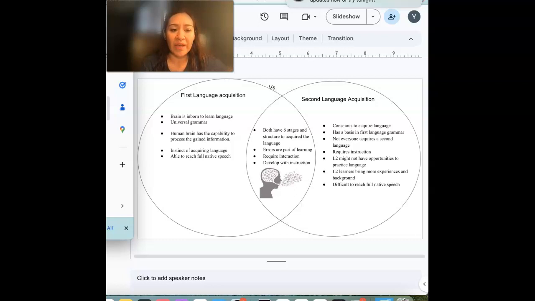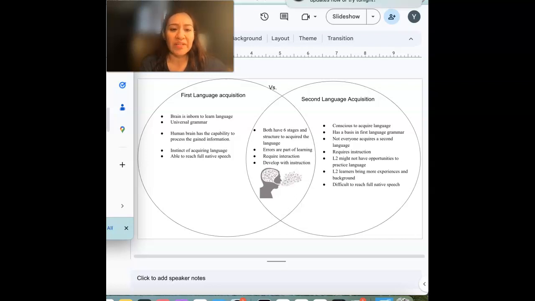Second language acquisition requires a lot of practice and instruction, and learning a second language is based on the basis of the first language grammar. This is a reason why it is sometimes very difficult to reach full native speech when you're learning a second language, although not impossible.